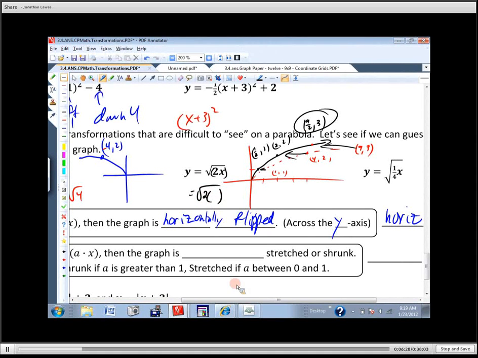What am I plugging in for this point right here? 9/2, right? Now 9/2 is an ugly point to plug in, but what's the first thing that happens to it? Yeah, I multiply it by 2 and they cancel out. So this is the square root of 9, which is 3. So that point is on the graph.